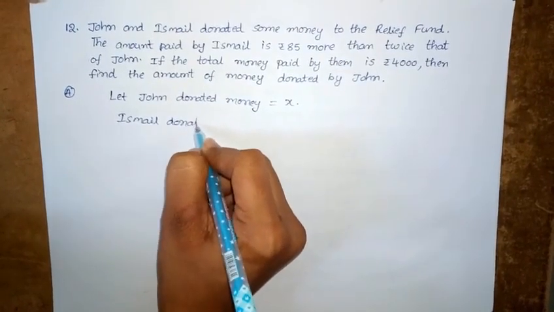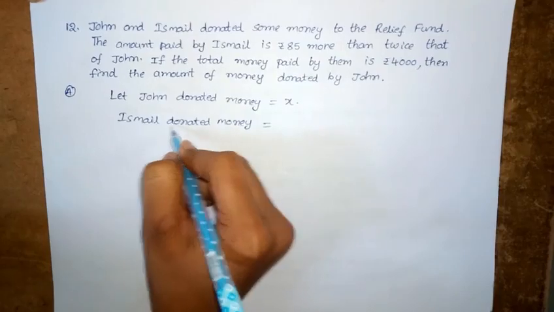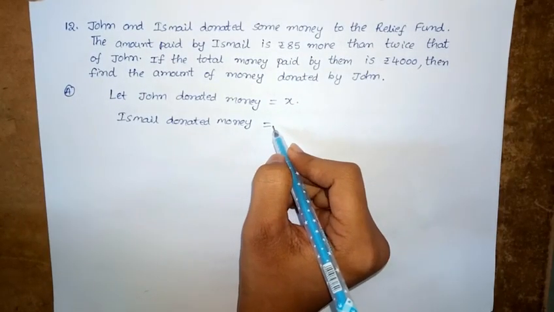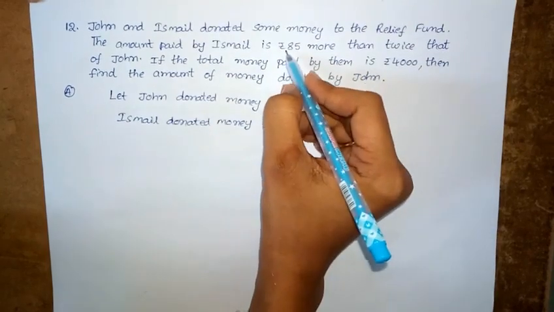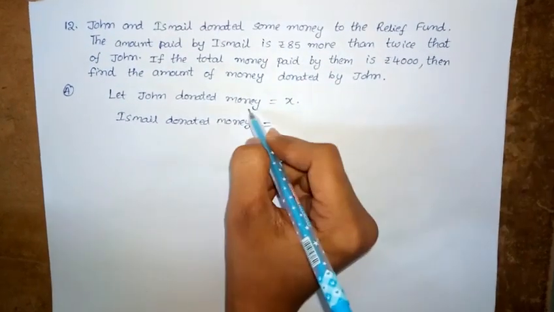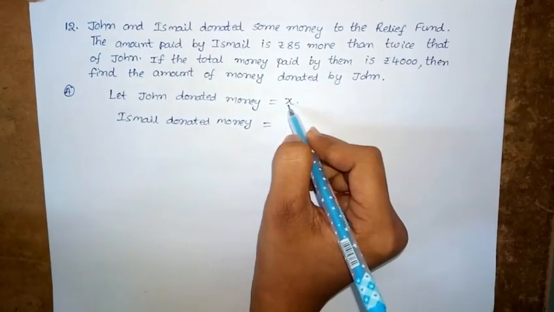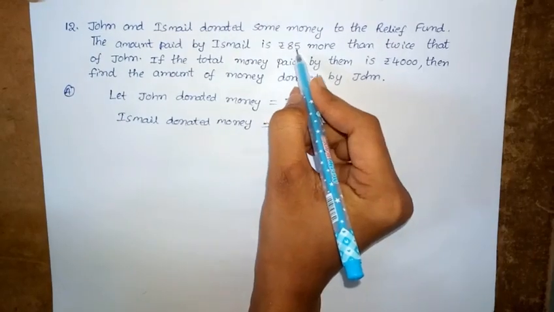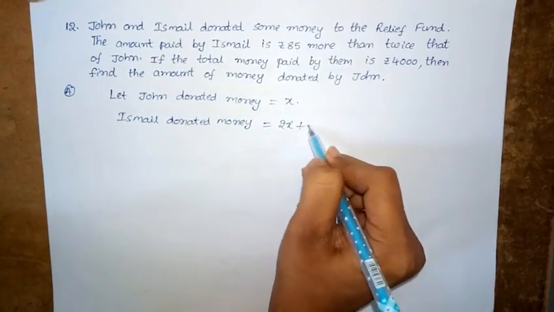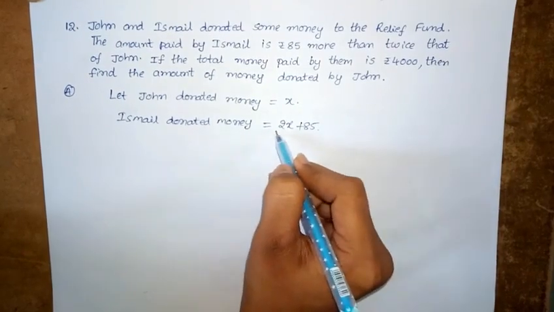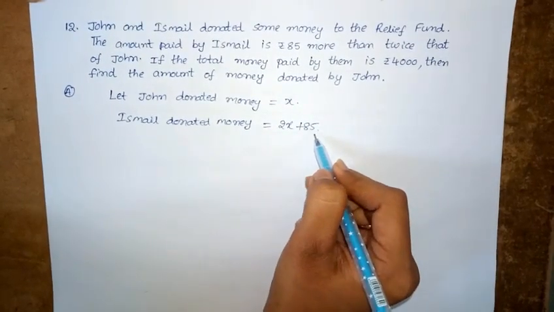In the problem given, Ismail donated 85 rupees more than twice that of John. John's amount is x, so twice John means 2x, and 85 rupees more means plus 85. So the money Ismail donated is equal to 2x plus 85.